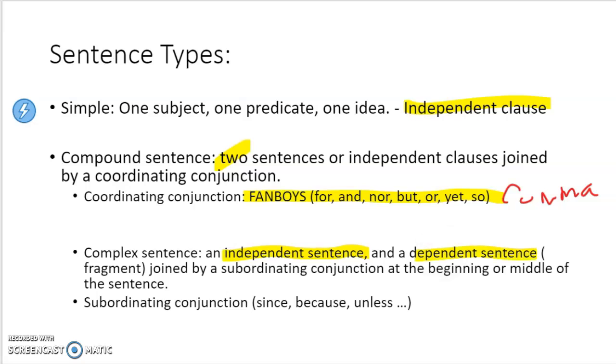So you have one full sentence and one half sentence, one incomplete sentence, joined by subordinating conjunctions. And these can occur at the beginning or the middle of a sentence, okay? Some subordinating conjunctions are these. However, there are multiple subordinating conjunctions. There's only FANBOYS for coordinating conjunctions.